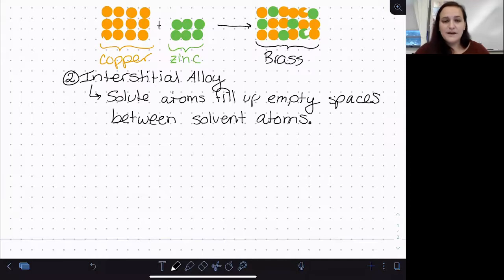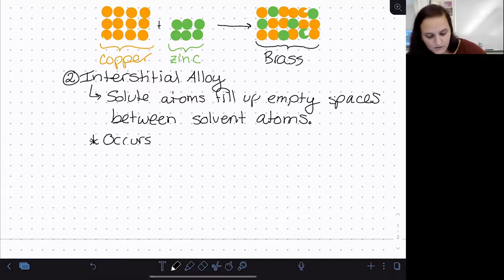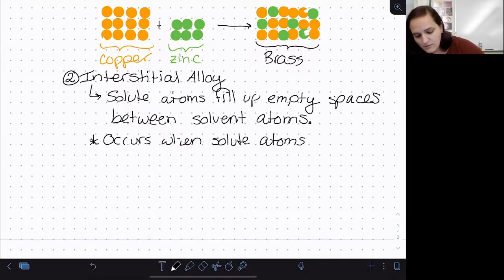And in order for that to happen, those solute atoms have to be really small. They have to be much smaller than the solvent atoms. So this happens when the solute atoms are much smaller than the solvent atoms.